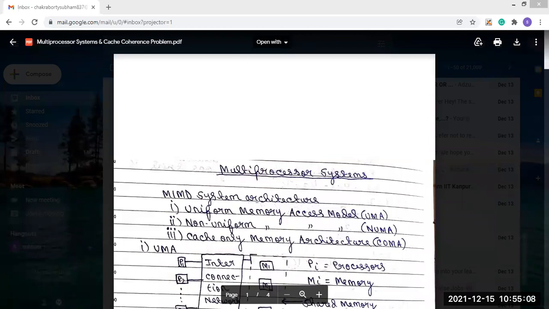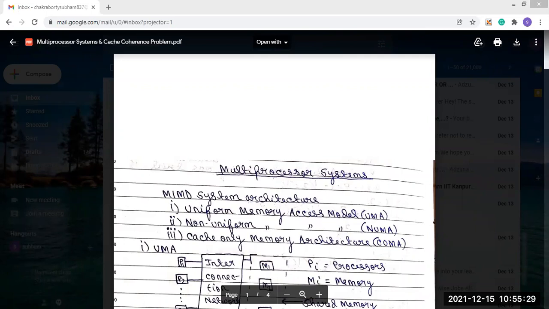The three types of architecture are the uniform memory access model, which stands for UMA. The second one is the non-uniform memory access model, and its short abbreviation is NUMA.